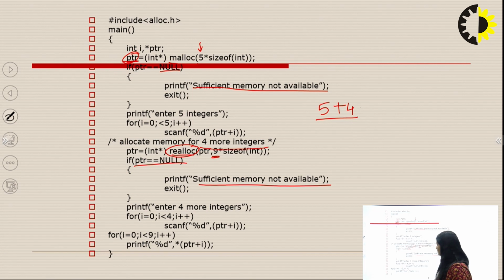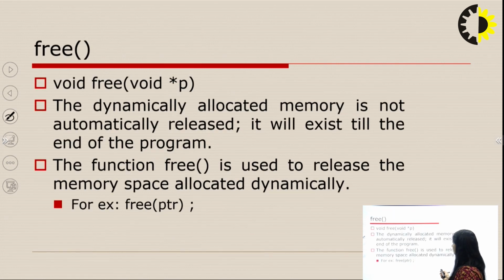Otherwise the memory will be allocated and it will return the address of the first byte, and now I can use all that allocated memory space as well. Fine, so I hope it is clear to everyone.